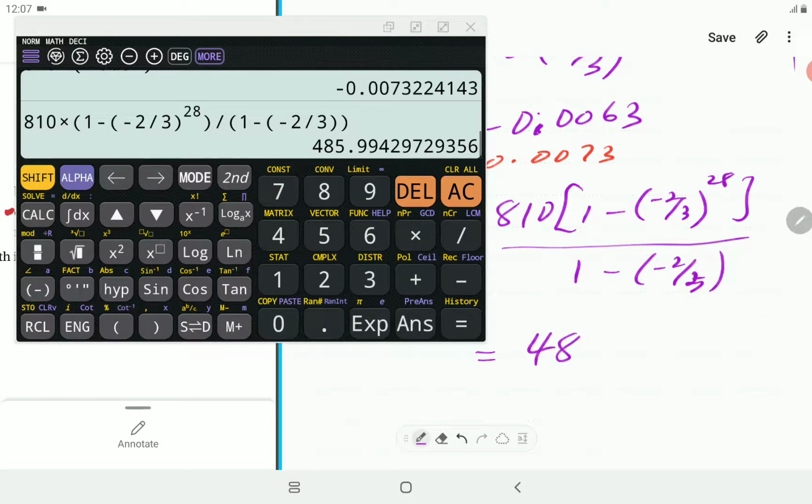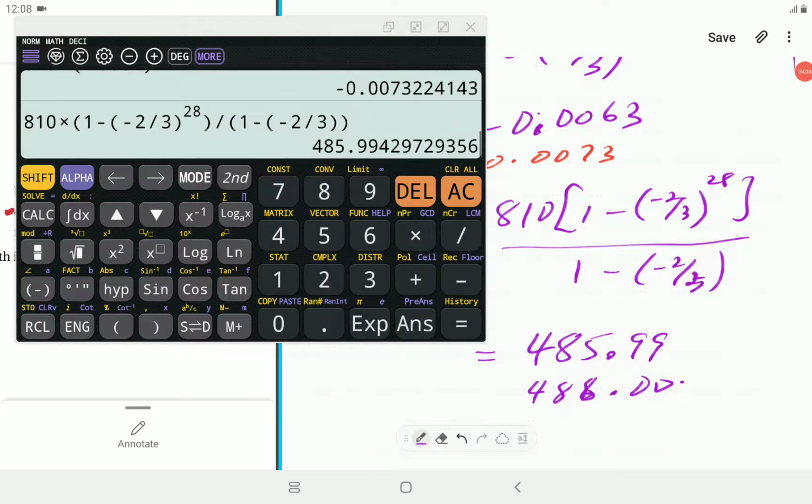So this is going to be 485.994, or just 486.00.